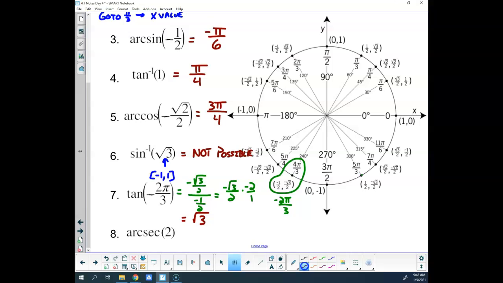But it's not inverse. That's why we have the whole circle square. And if it would have been an inverse tangent, this wouldn't have been applicable because we wouldn't have been on that side.